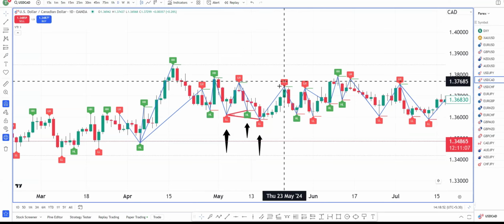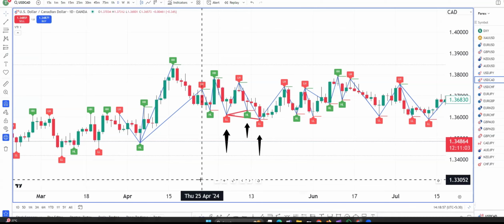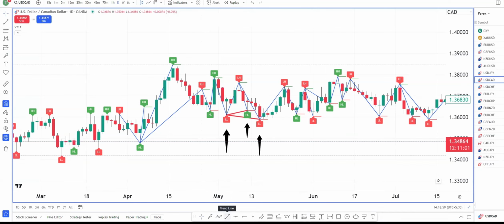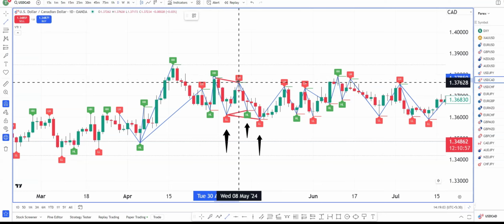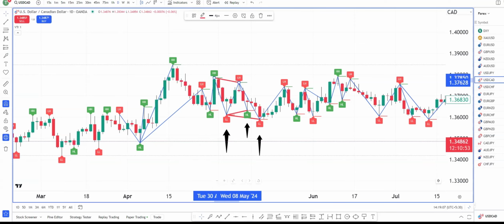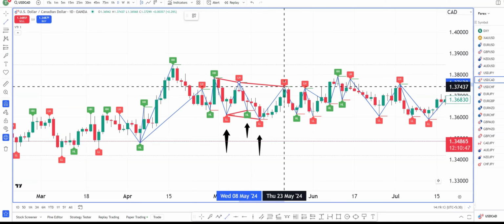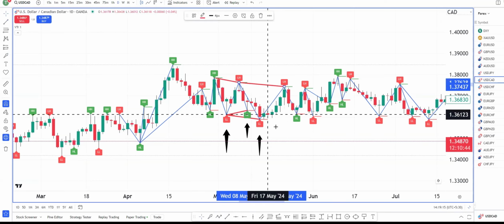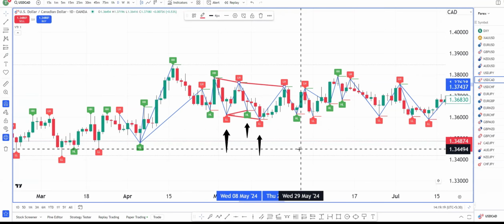Now, when it makes a high, is it higher than the previous high, or is it lower than the previous high? If we see here, this is a higher high. This point here is a lower high. And the next high the price made is also a lower high, lower than the previous high. So you see there is a pattern that forms.